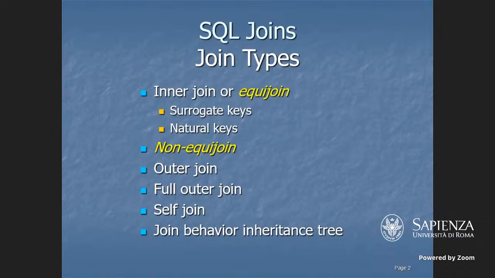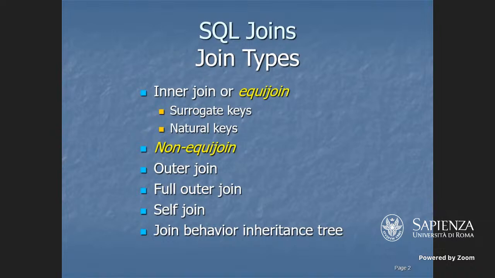So SQL joins, or joins as we call them, what they try to do, there are different types. We have inner join or equi join, and those would rely on what we call surrogate keys or natural keys. You have outer join, we have full outer join, we have self join, or what they call Cartesian join, and we have joint behavior inheritance trees.